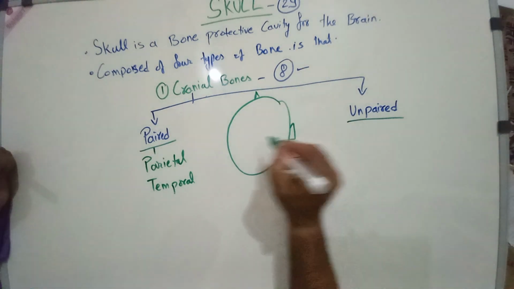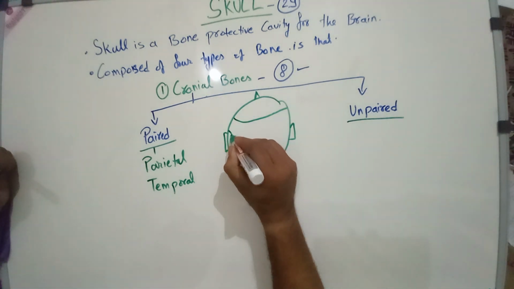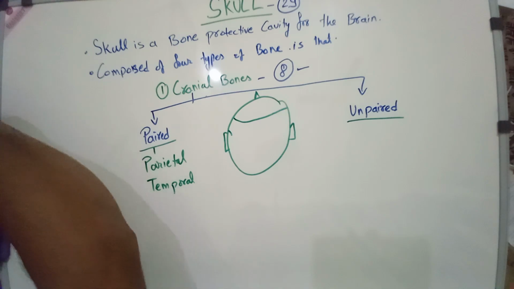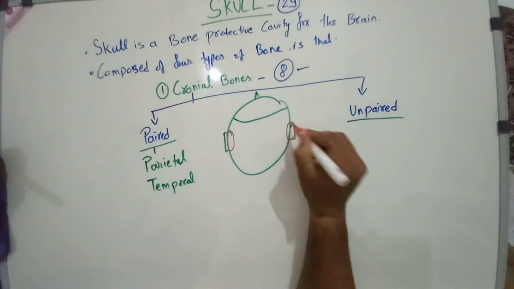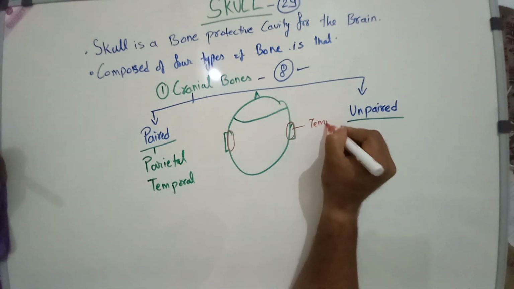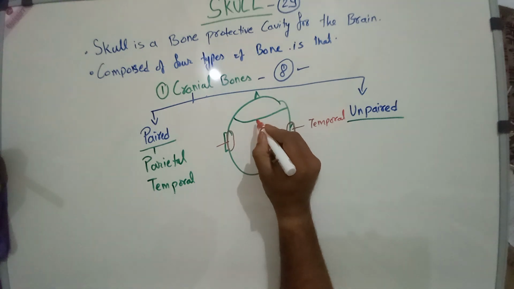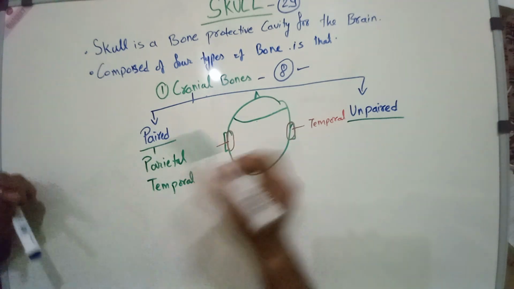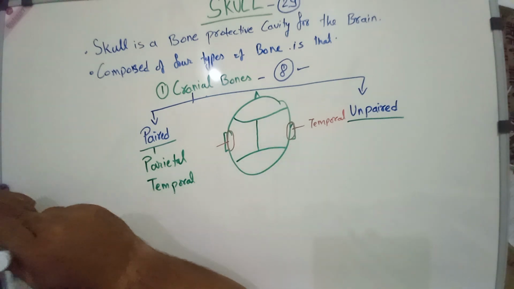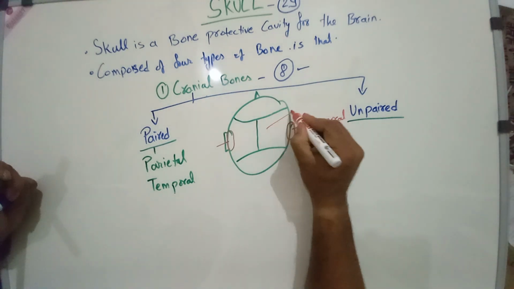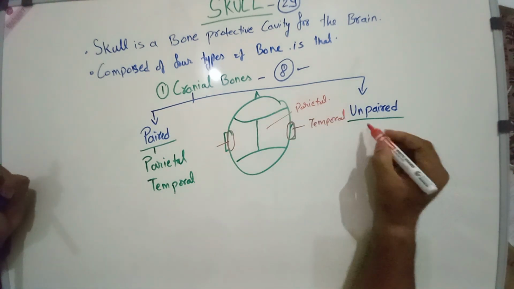This is nose, this is temporal, this is parietal. Both are paired bone, and unpaired bone.